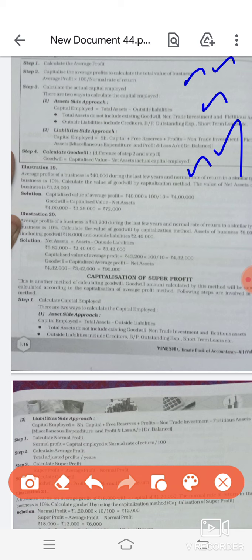Minus net asset means we take the total asset and subtract the outside liabilities, so we get the net asset, that is the actual capital employed. In this way we have to find the value of goodwill under the capitalization of average profit method. Okay, it's also a very simple sum.